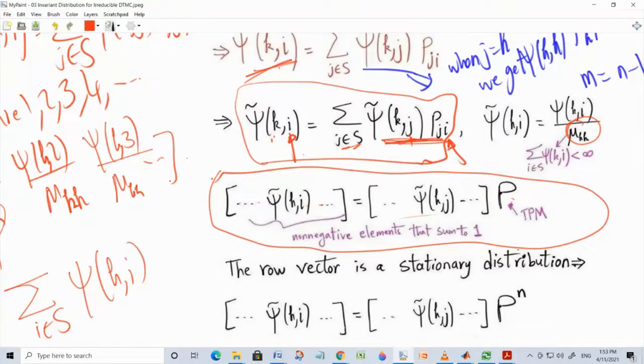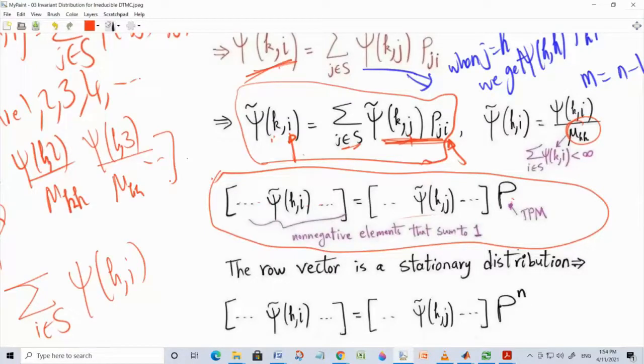Now we proved that if there is a positive recurrent state, we can come up with a stationary distribution. If you go through the proof again, you will find that we need a positive recurrent state. But actually our theorem is stronger. It tells you that the converse is true.